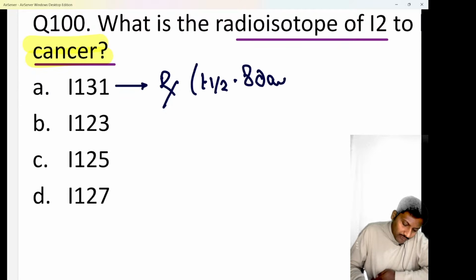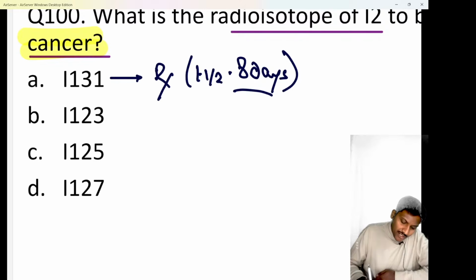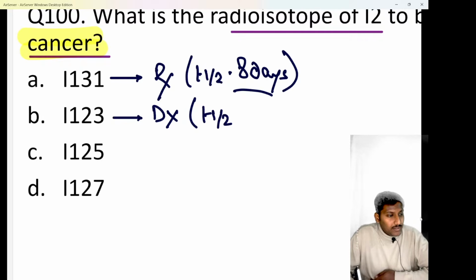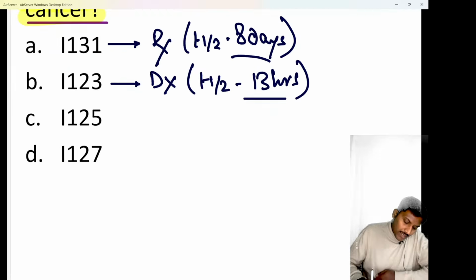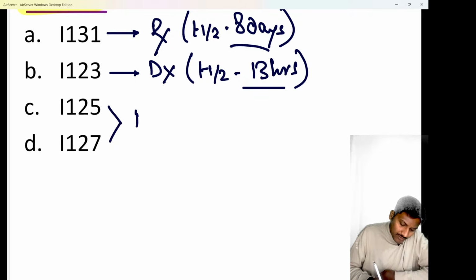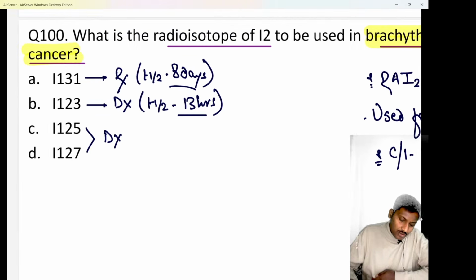Secondly, radioactive iodine 123 is the most common isotope of iodine used for diagnosis, with a half-life of only 13 hours. Clear? Whereas 125 and 127 are also used for diagnosis, but they are not the common ones basically. Okay, so that is important.